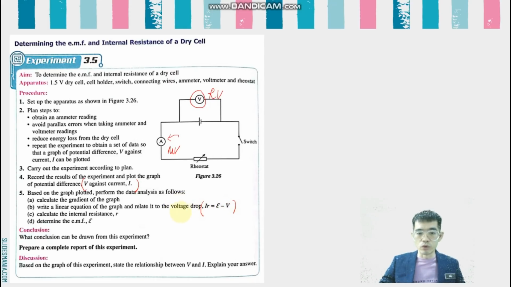The equation is the voltage drop, which is IR equal to E minus V. According to the graph, V against I, we have to rearrange the formula to become the format of y equal to mx plus c. So we move our V to the left side and move our IR to the right side. The equation will become V equal to minus IR plus E.